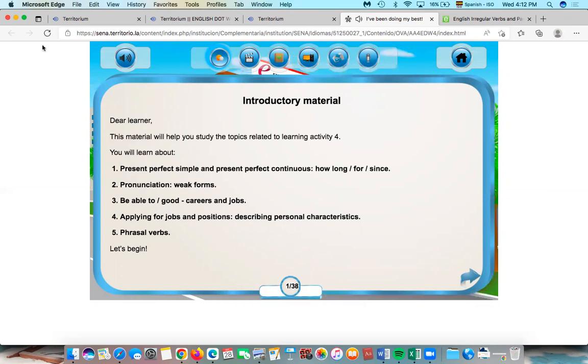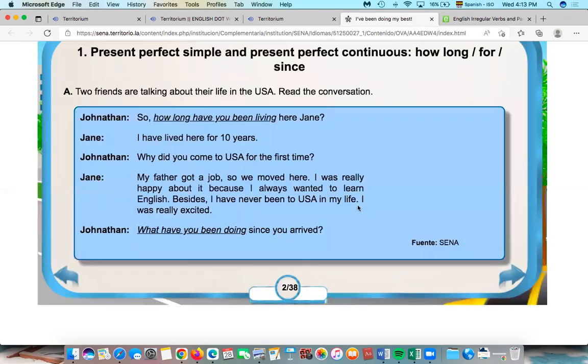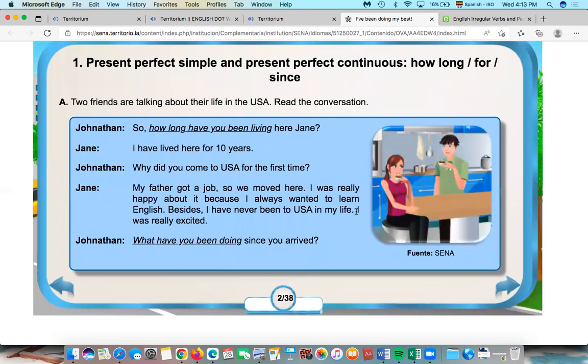It's 38 pages. Some of them are vocabulary, some are examples, some of these pages are related to how to use a certain expression, okay? So we have here a conversation.